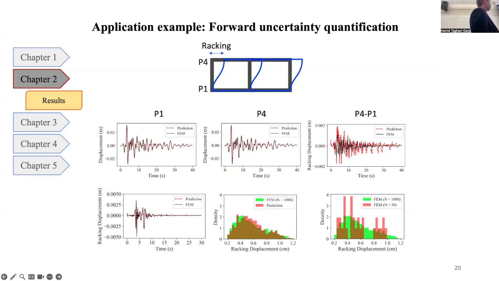In this figure, I'm showing that if we have 30 finite element samples, definitely we cannot capture the distribution of the racking displacement. But if we use these 30 finite element samples and train our surrogate model, our LSTM model, we can predict the distribution of 1,000 finite element samples.